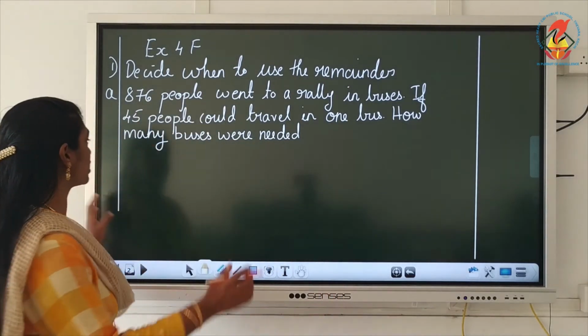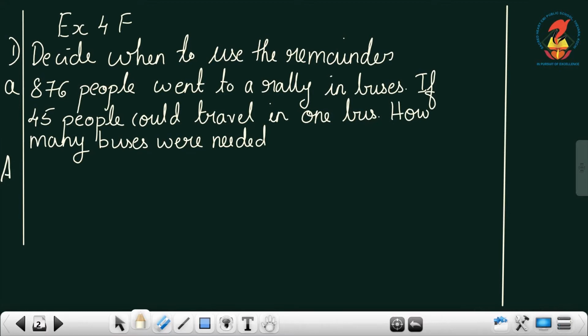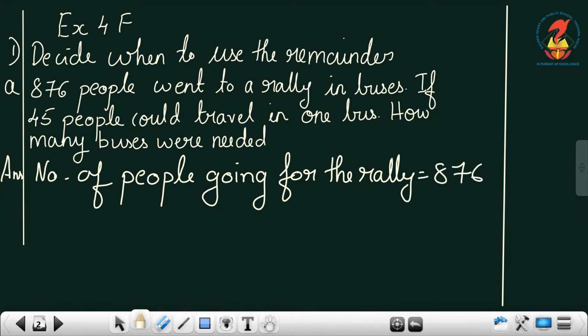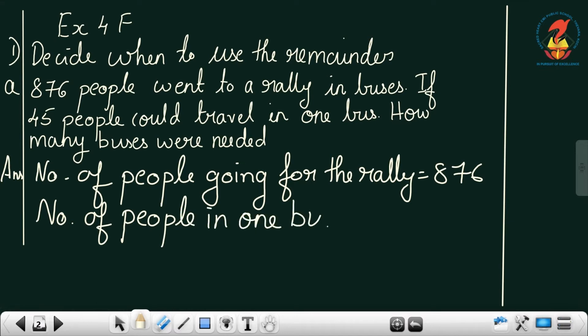Okay. So the first statement: number of people going for the rally. How many people are going for the rally? 876 people. Then, number of people in one bus.